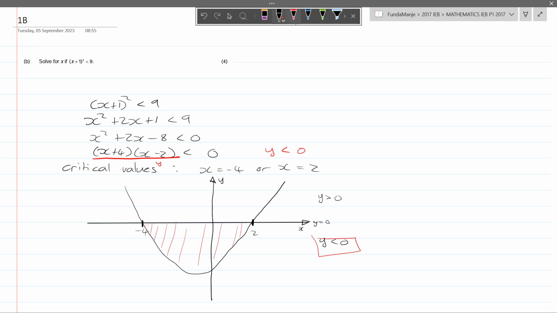So that's how you would write your answer. You then say, after all of this, therefore, for x to satisfy this condition, it should be found between minus 4 and 2, and that will be the answer.